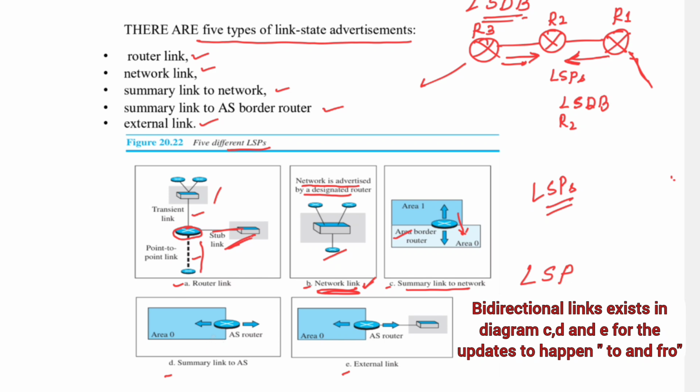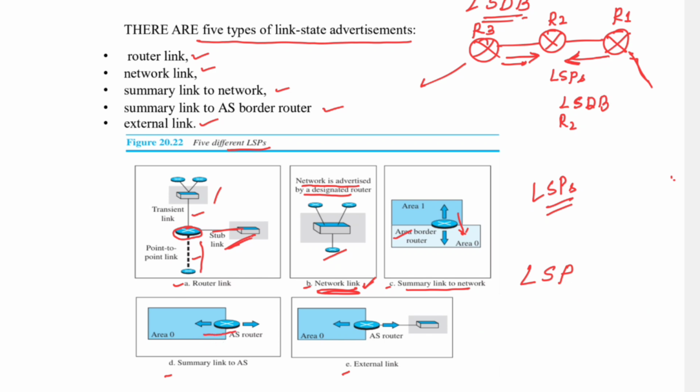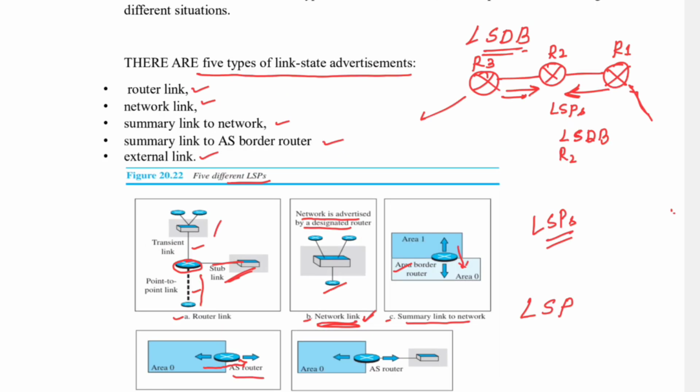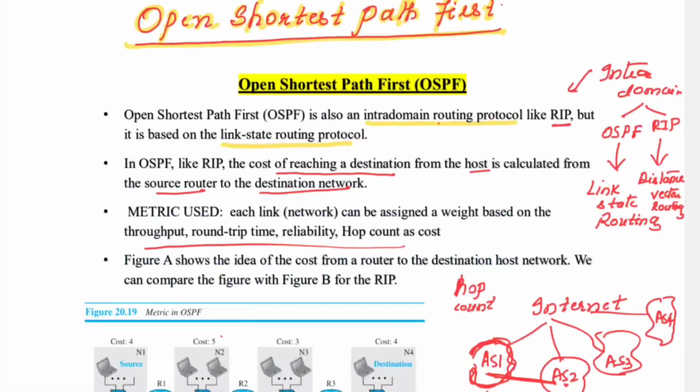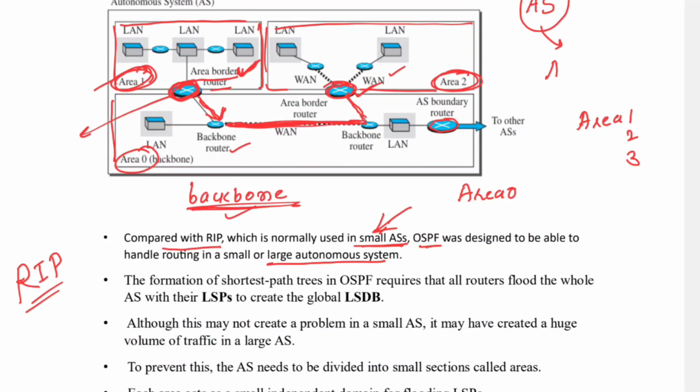Also, from area 0, the backbone area, the link state advertisement packets reach the AS router. The AS router is the border area router for other autonomous systems. You can see that AS router in the previous diagram also. Check here, this is from area 0, and this is the AS boundary router, which is connected to other autonomous systems.